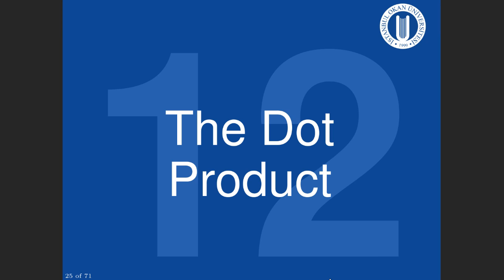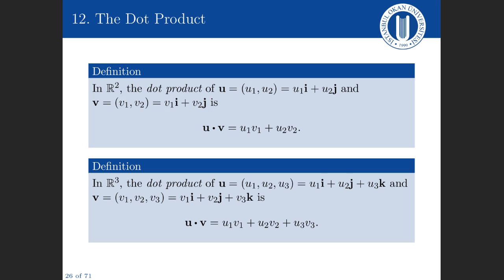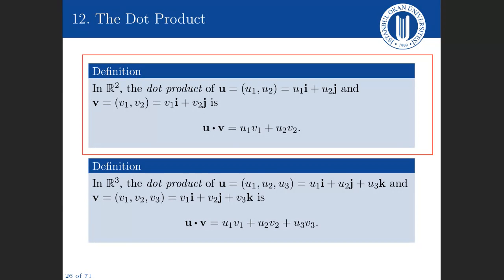Chapter 12 is about dot product. First of all, in two-dimensional space, if we have two vectors u and v, we can have the dot product of u and v, u dot v. This is defined to be u1v1 plus u2v2.